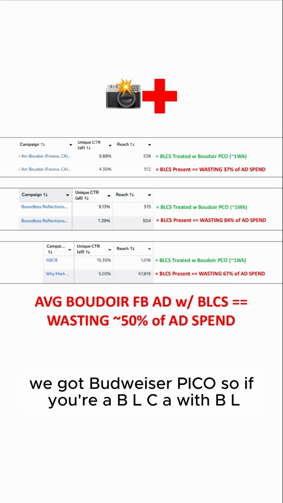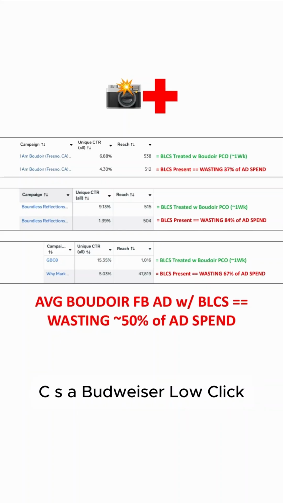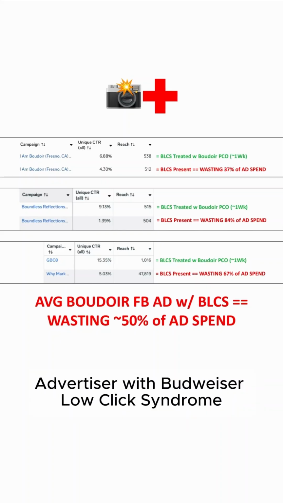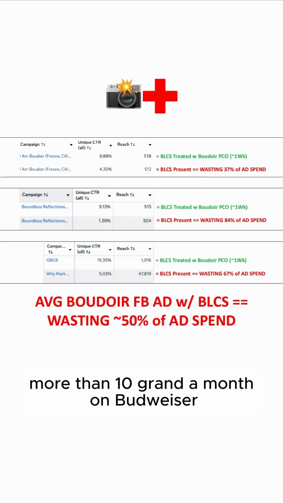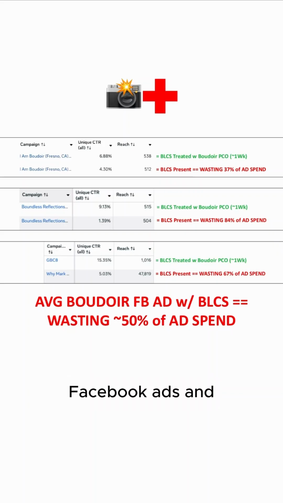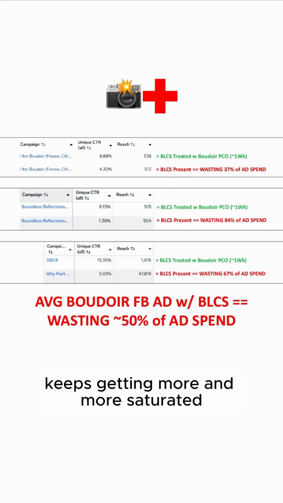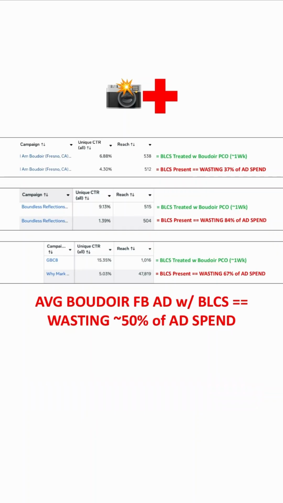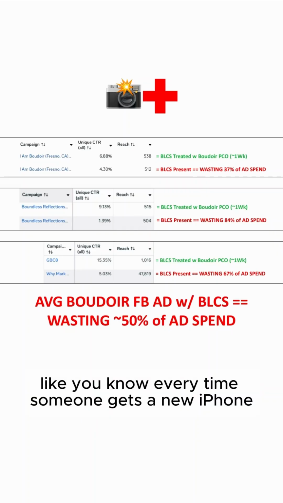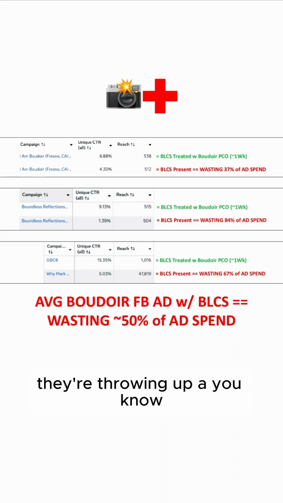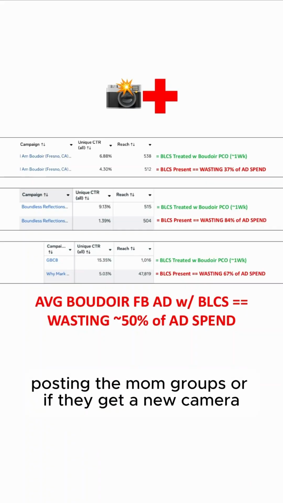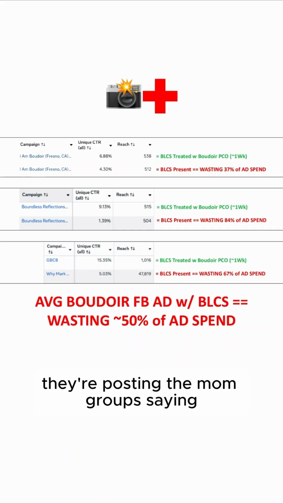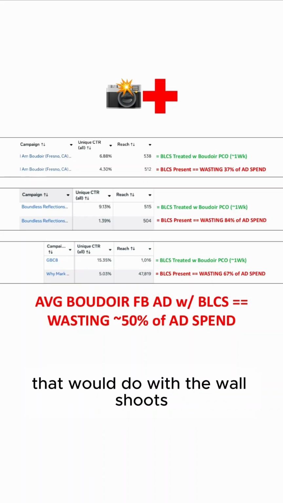So if you're a BLCA with BLCS, a Boudoir low click advertiser with Boudoir low click syndrome, and you're spending more than 10 grand a month on Boudoir Facebook ads, and you've seen how the market keeps getting more and more saturated with Boudoir photographers. Every time someone gets a new iPhone, they're throwing up a Google My Business profile saying they offer Boudoir, or they're posting in the mom groups, or if they get a new camera, they're posting in the mom groups saying they now do Boudoir shoots.